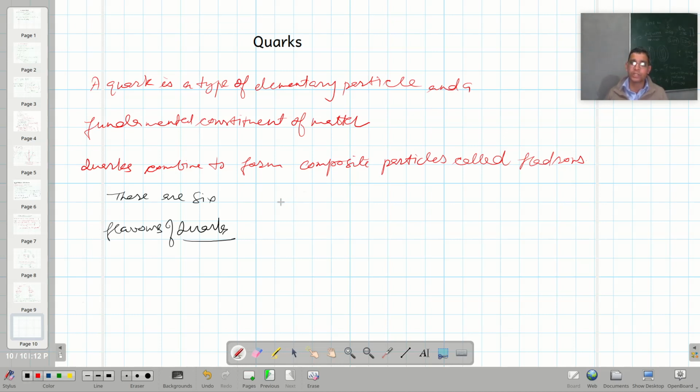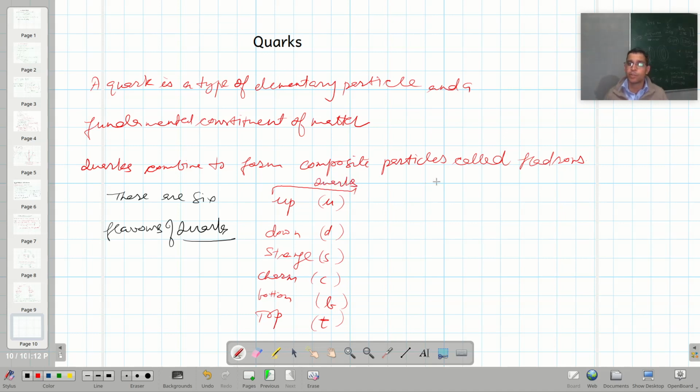First is known as up quark, then down, strange, charm, bottom and top. The up is represented by U, down by D, strange by small s, charm by C, bottom by B, and top is represented by T. These are their representations. So these are the quarks.